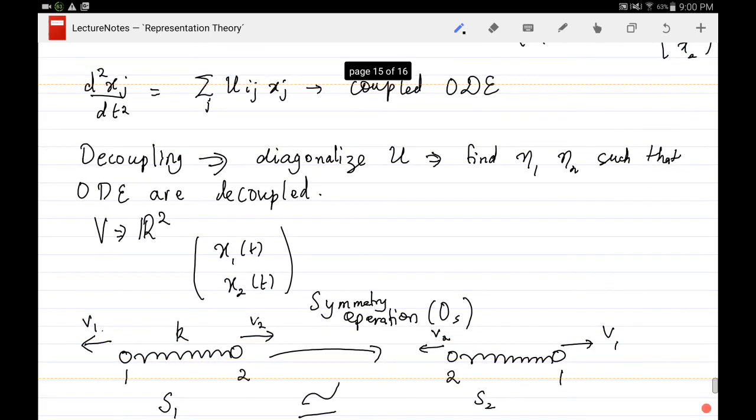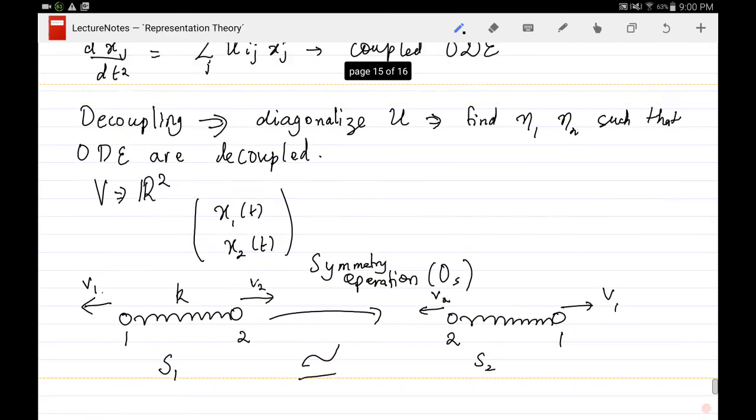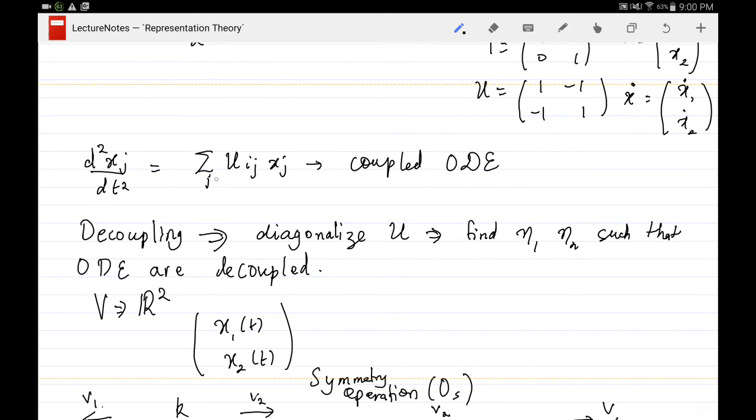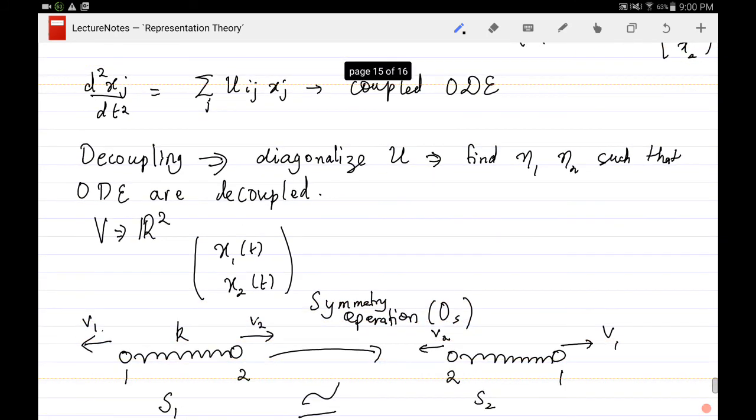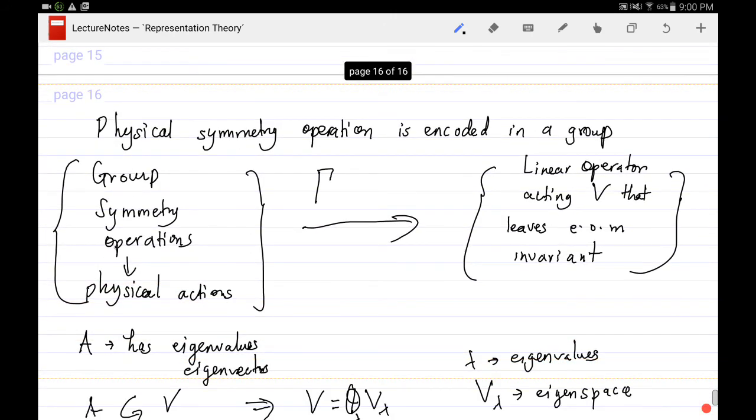So what I'm trying to say is that the idea of diagonalizing my equations of motion is very much connected to the idea of getting some symmetry operations, finding how they act on our vector space, and in some fashion diagonalizing the vector space.